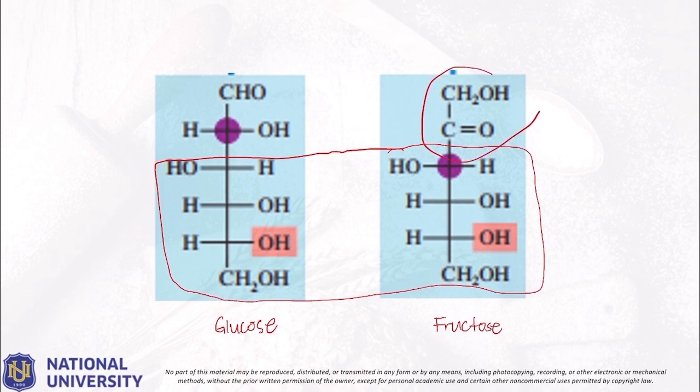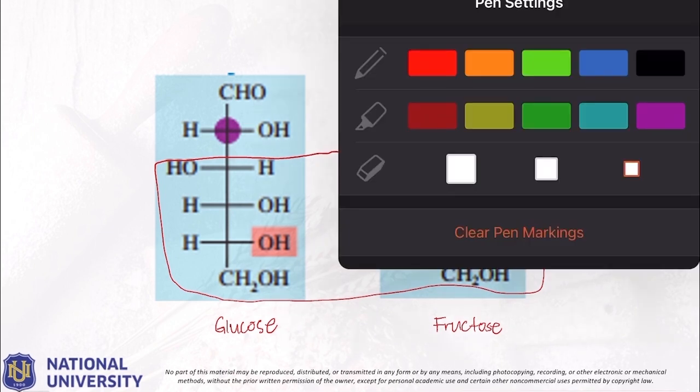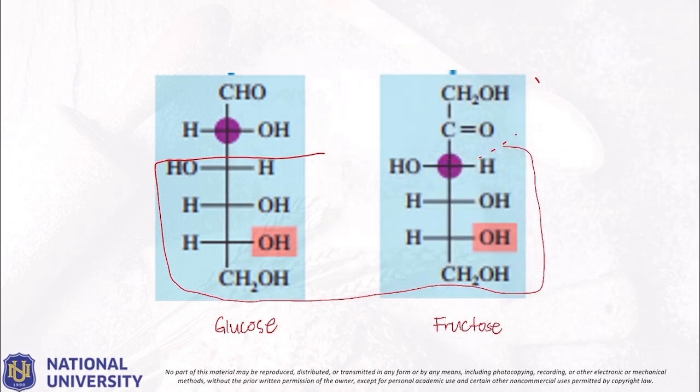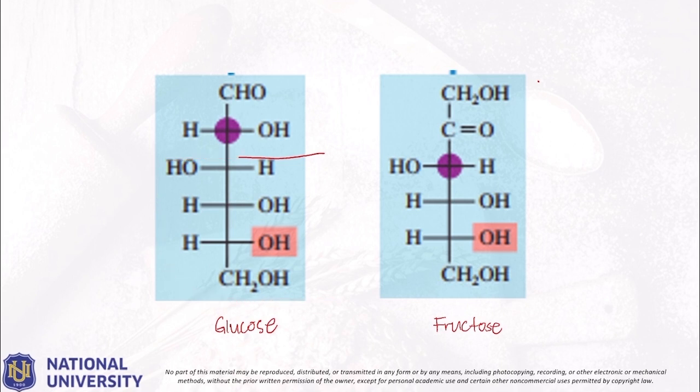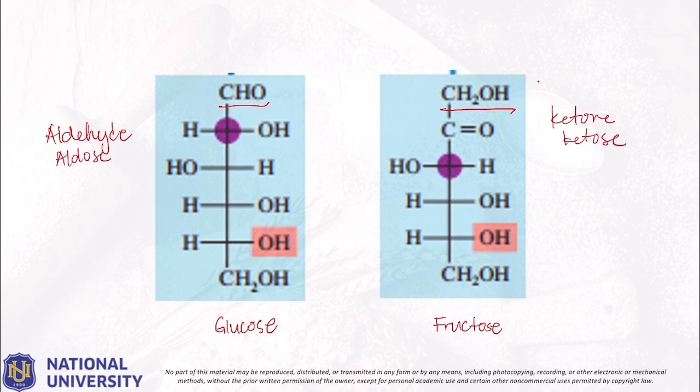So, ketone lang si fructose. Okay? So, CHO, aldehyde, CH2OH, ketone. Aldose and ketose.